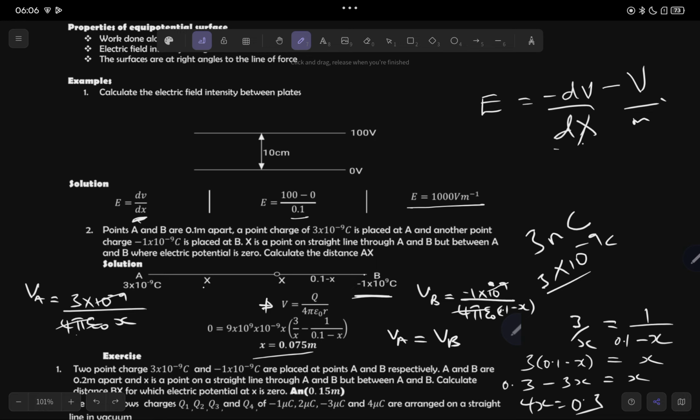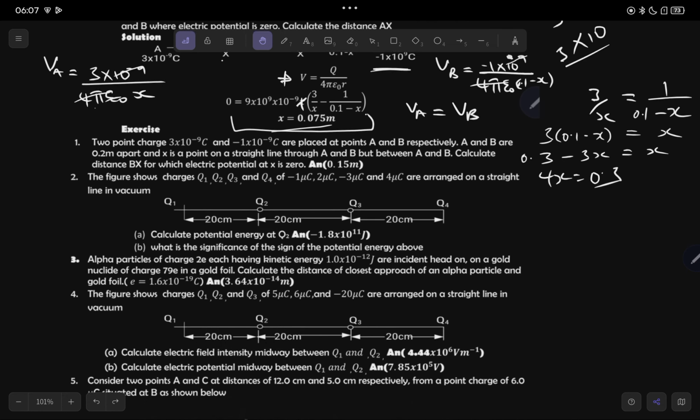Alternatively, you can just find VA and VB without equating their magnitudes, and add them. That's how it has been done here. After adding, you play with the mathematics, and you get the value of x as 0.075.